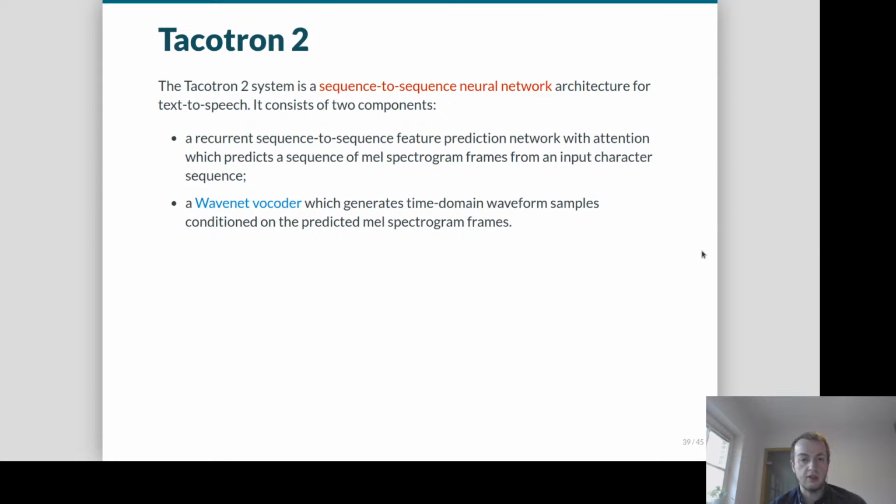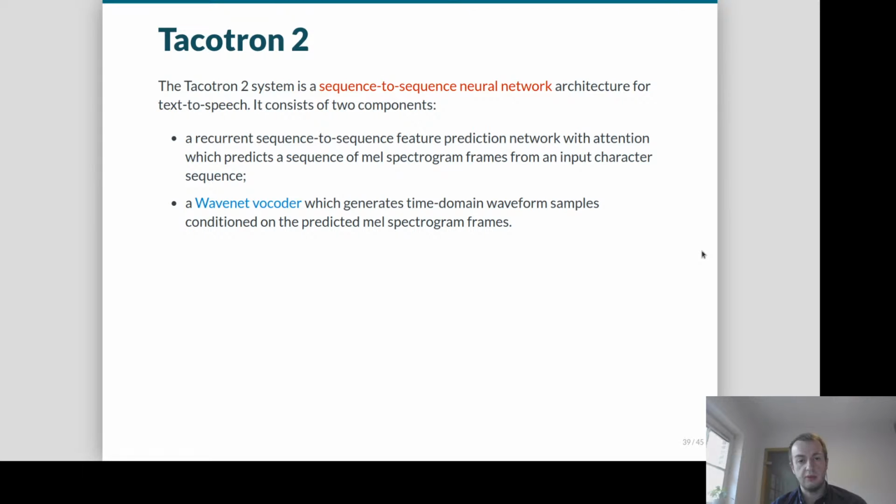Basically, a recurrent sequence-to-sequence prediction network with attention mechanisms, similar to what we have seen for text-to-text translation, except that this recurrent network will take as input our text and then produce not text, but a sequence of, in this case, mel spectrograms, something similar to these MFCC vectors.